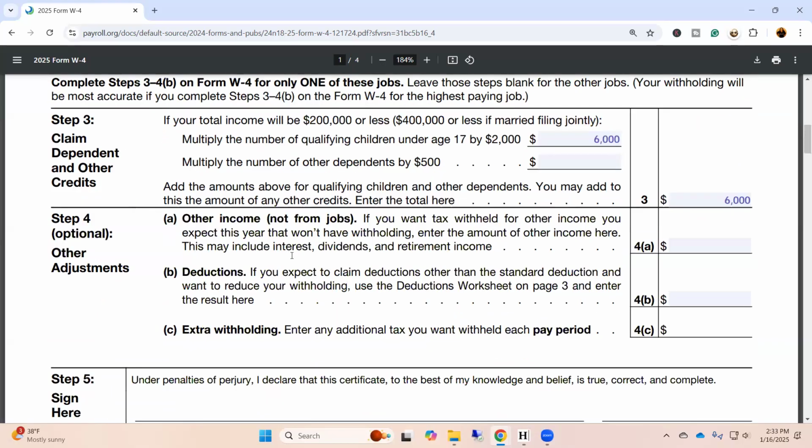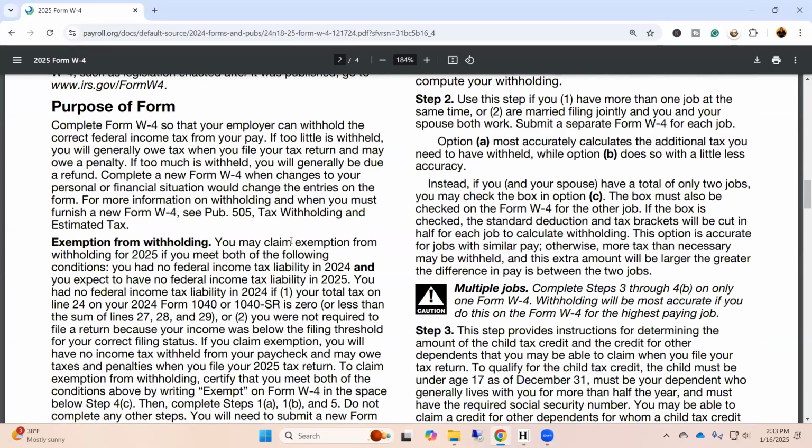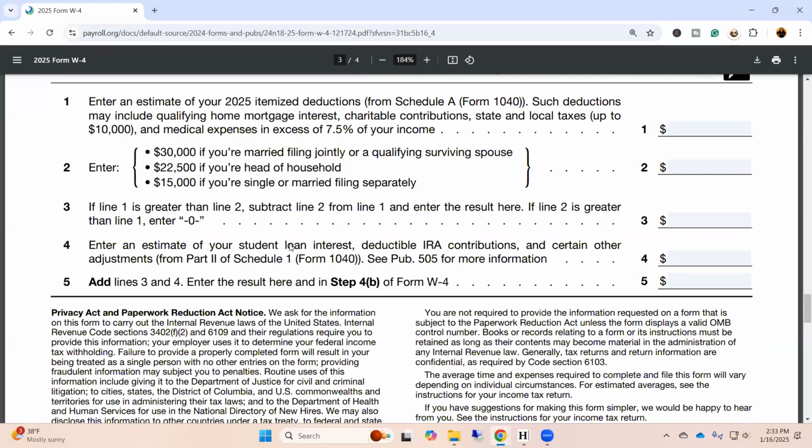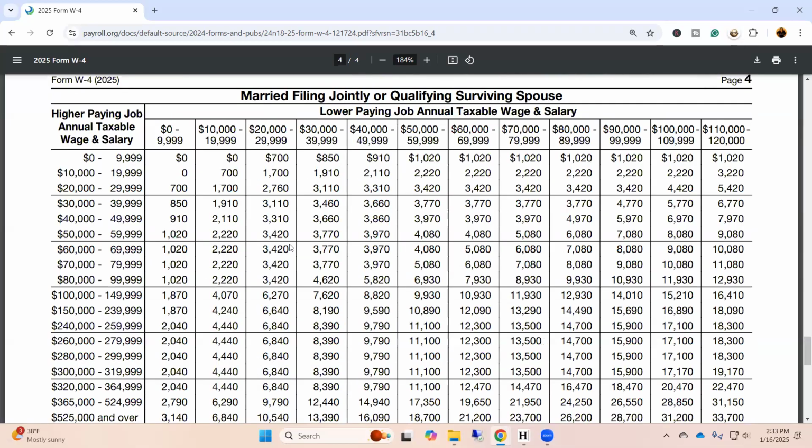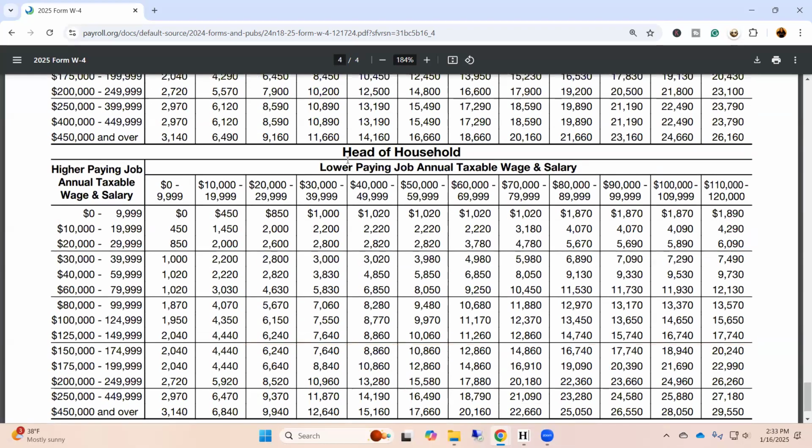So let's go down to the worksheet, because some single parents do have multiple jobs, correct? We would want to go to the last chart, which is for head of household. Let's say that his highest paying job is 80,000, and then he picked up a part-time gig that is 30,000.